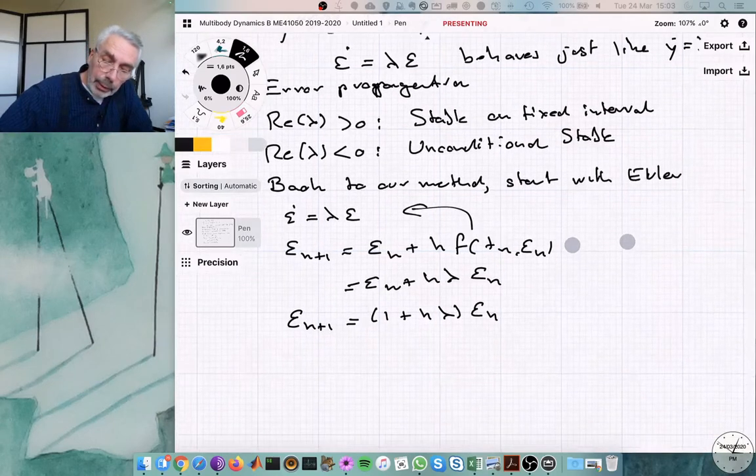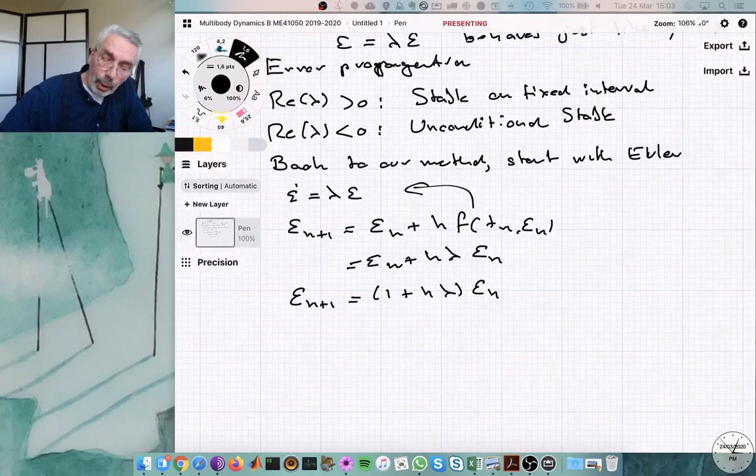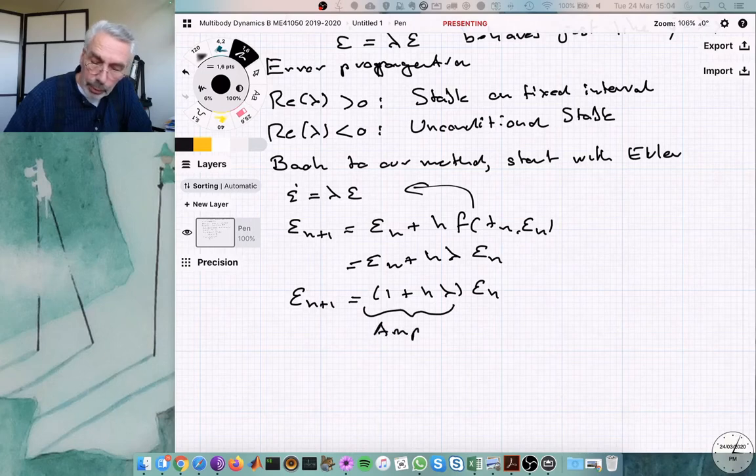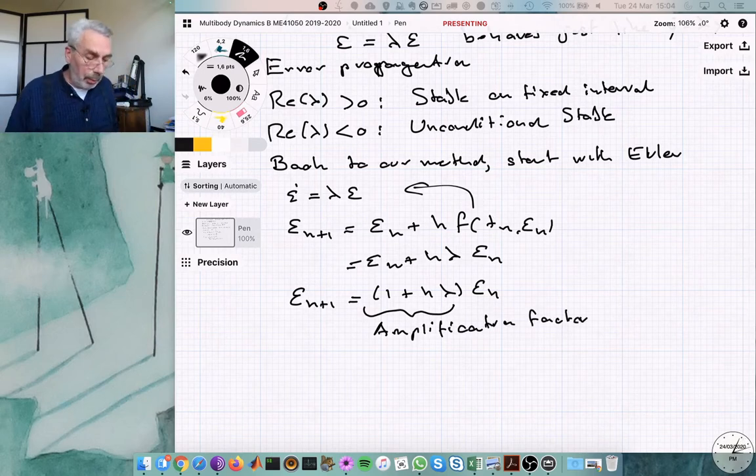And looking at this equation, you now see how the error behaves from one step to the other step. By amplification. So we call this thing the amplification factor. So by that factor, my error is amplified. And you would think, oh, it's 1 plus h times lambda.